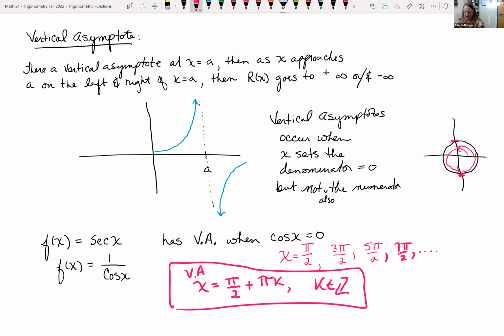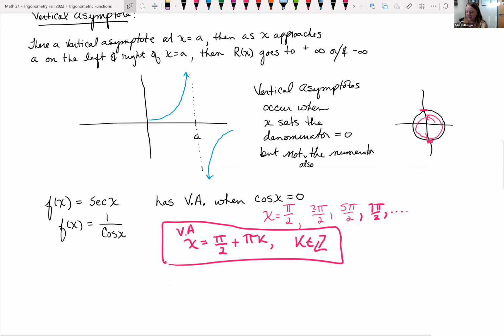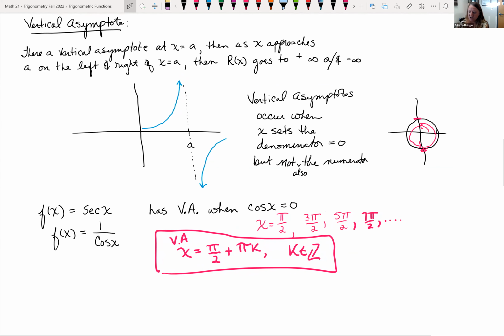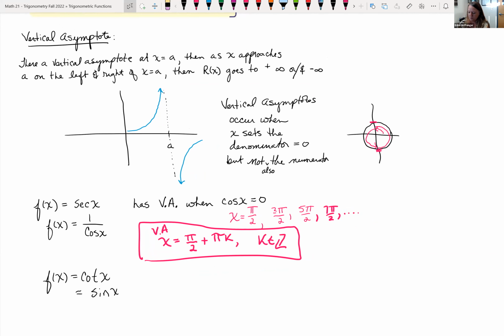If you look at the other trigonometric function that also has cosine x in the denominator, that would have been cotangent of x. So f of x equals cotangent of x, which can be rewritten as sine of x over cosine of, actually, I'm wrong. That's cosine of x over sine of x.